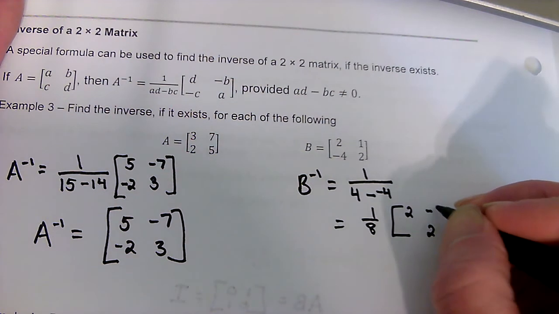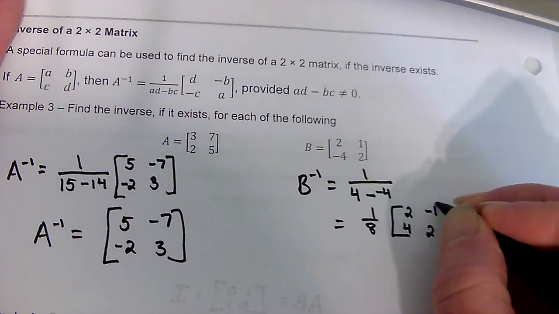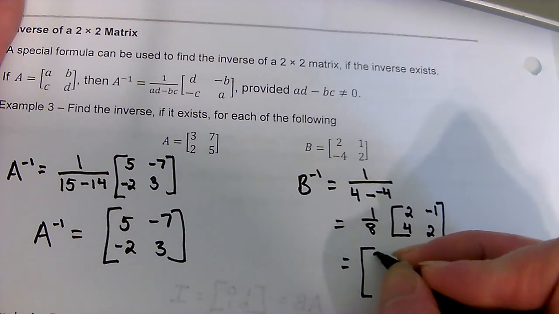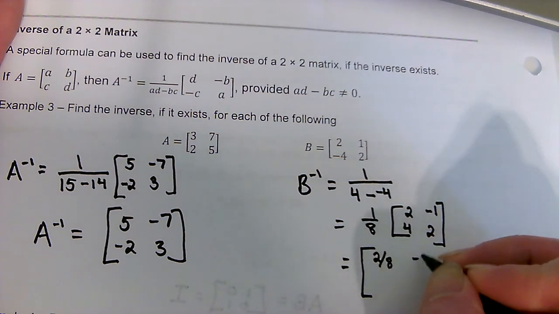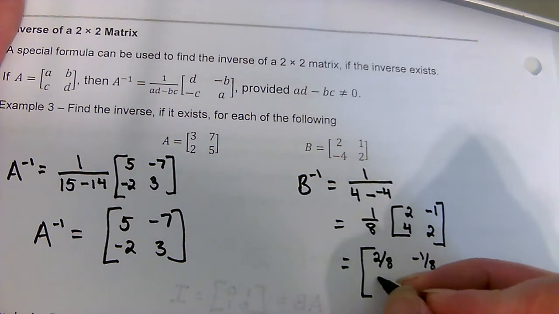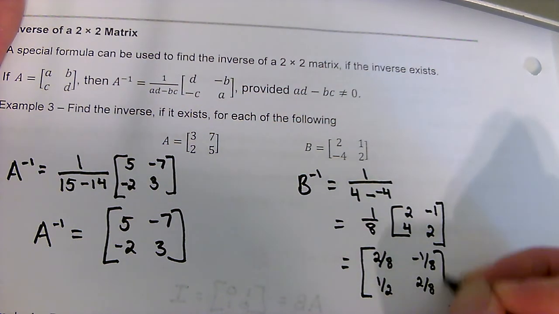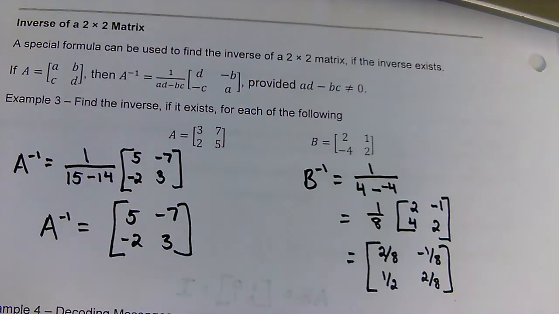And then these are going to switch signs. So I end up with 2/8, negative 1/8. 4/8 would be 1/2. And then 2/8 would have been 1/4. But you get your matrix.